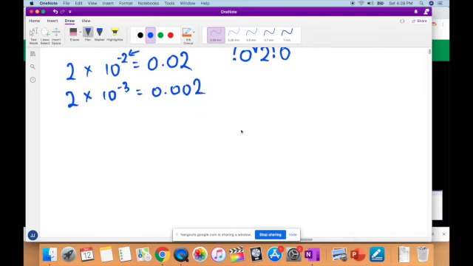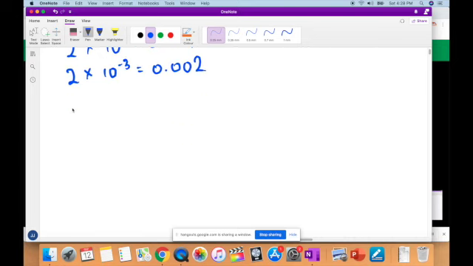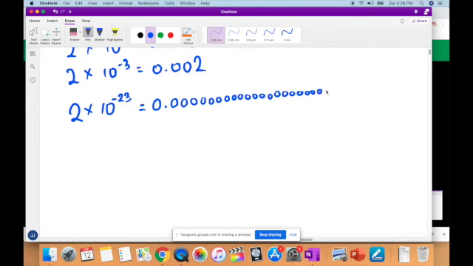So you could tell that if I had 2 by 10 to the negative 23, that's going to be what? 0.23 zeros (21, 22 zeros and a 2).